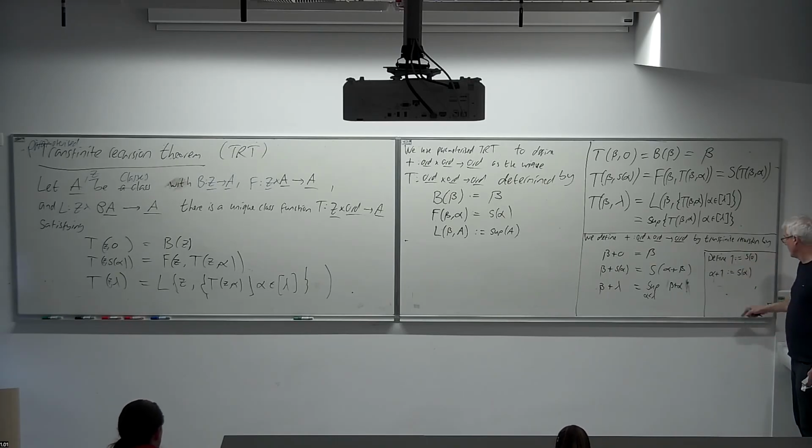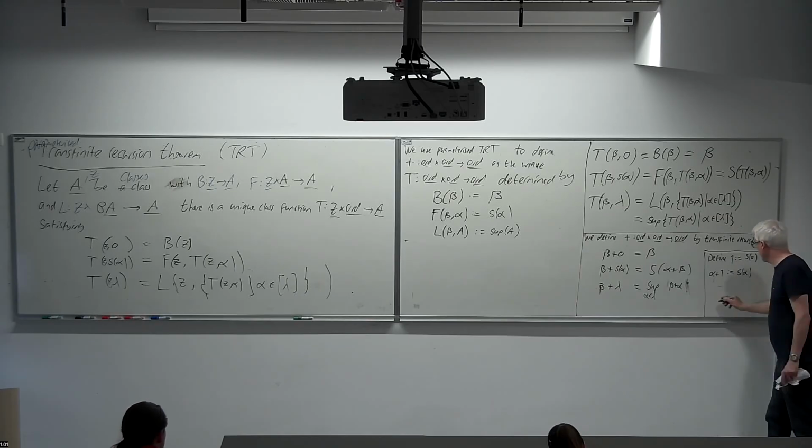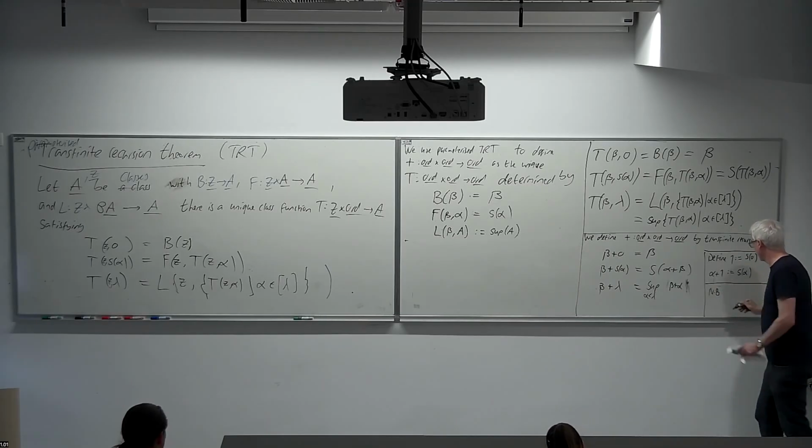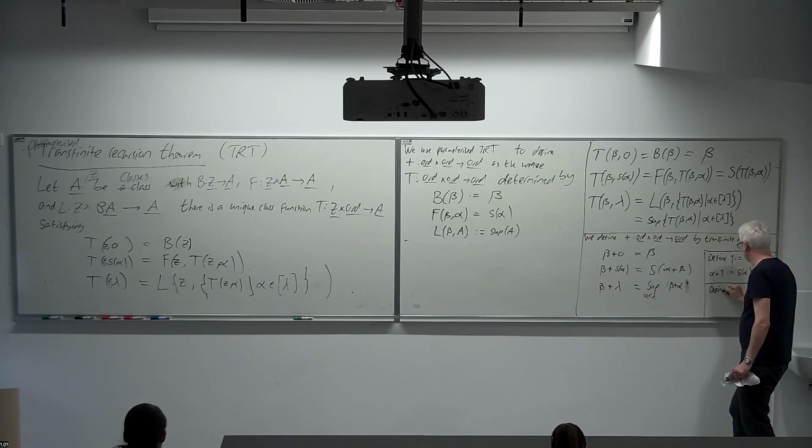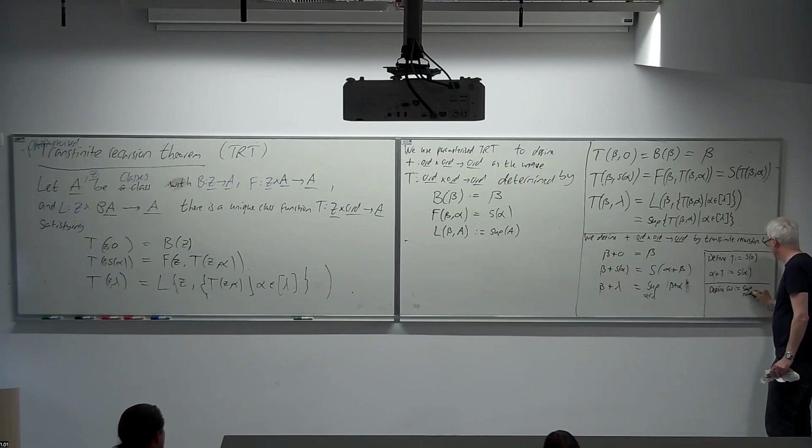I was using last week. You can also prove from these definitions that, note, we define omega to be the supremum over the natural numbers.